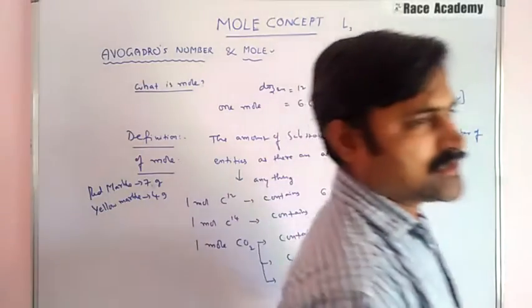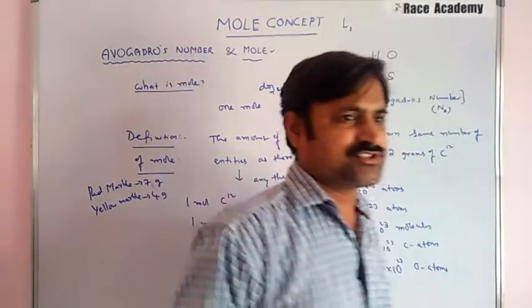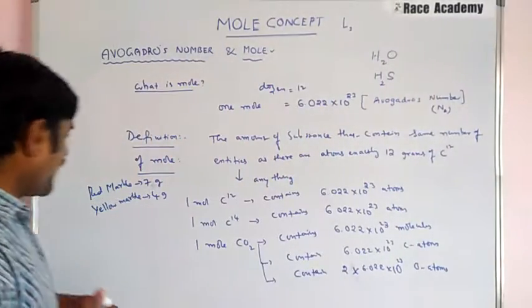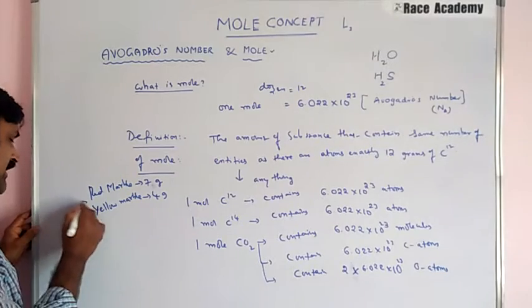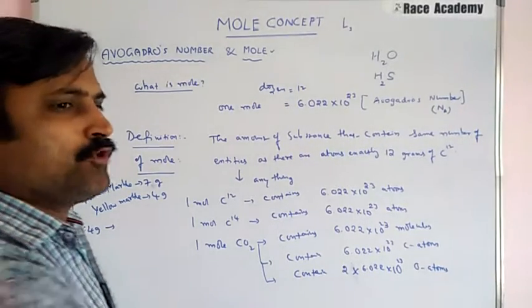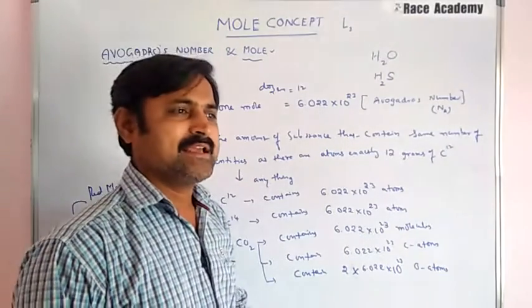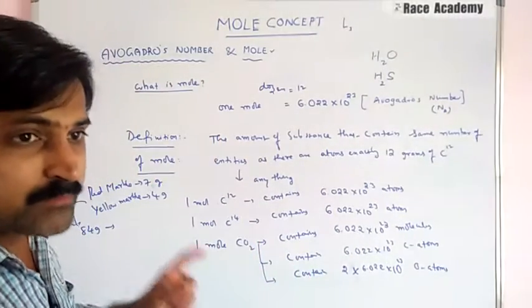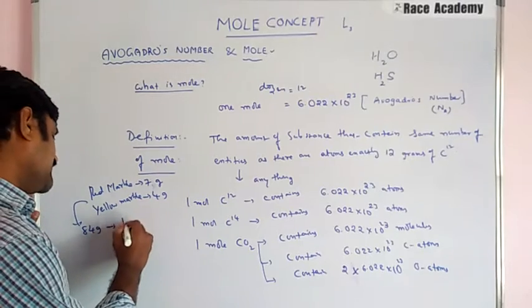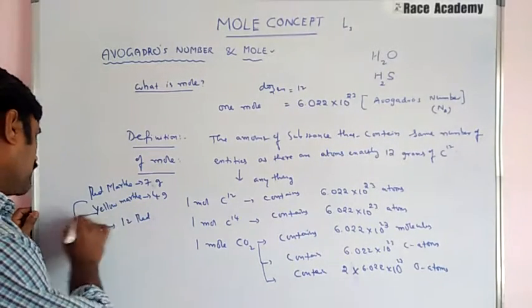Then right away you know that there are 12 marbles in 84 grams. Suppose 84 grams of red marbles are given, then how many marbles? 12 red marbles will be there. That is the meaning of this.